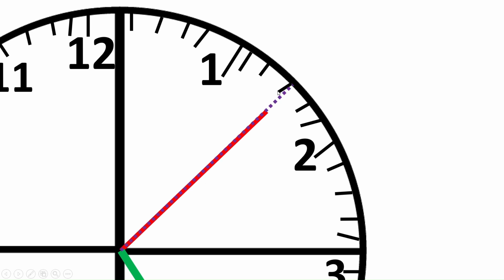We can see that it's pointing at this little line. So we're going to count how many minutes it is until that line is reached, which is 8. So there are 8 minutes past the hour. The hour there was 5, so it is 8 past 5.